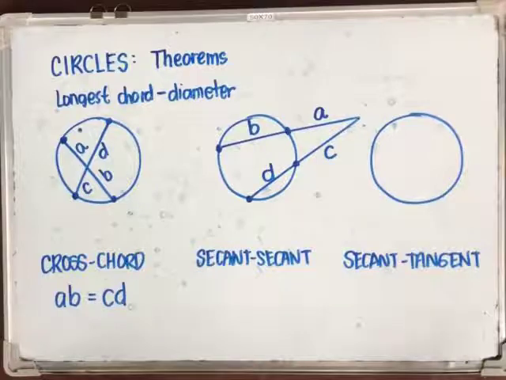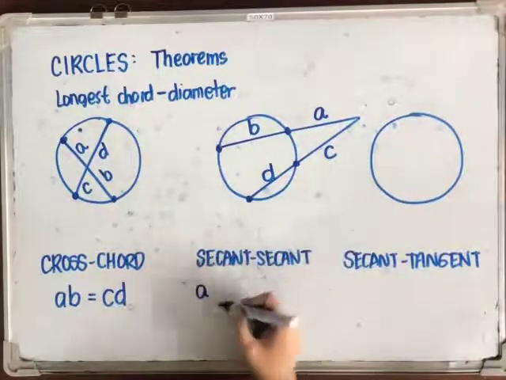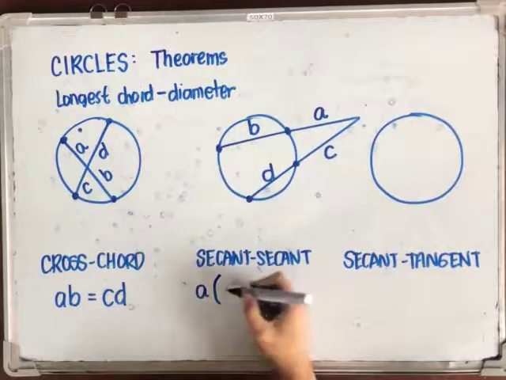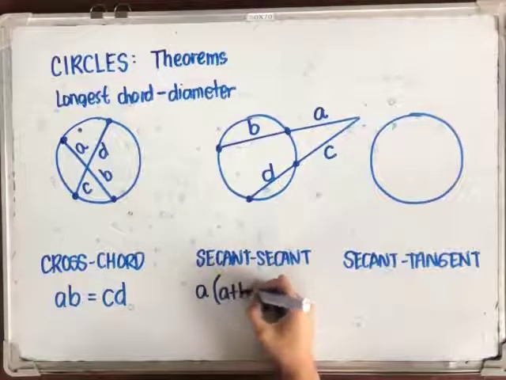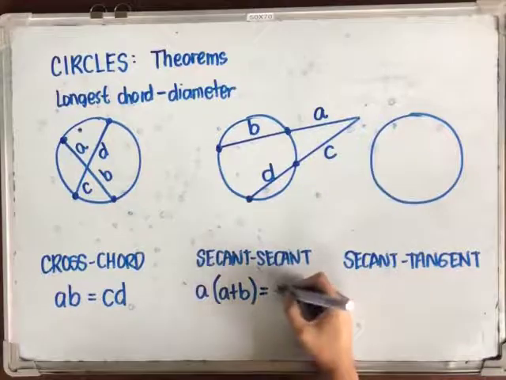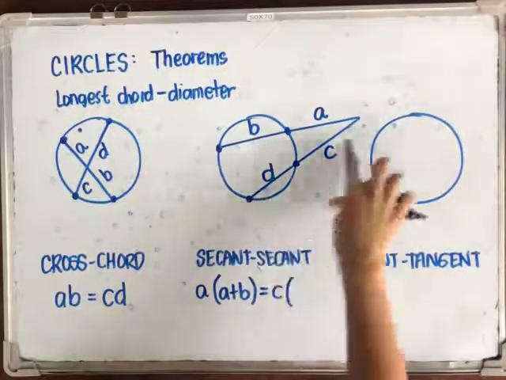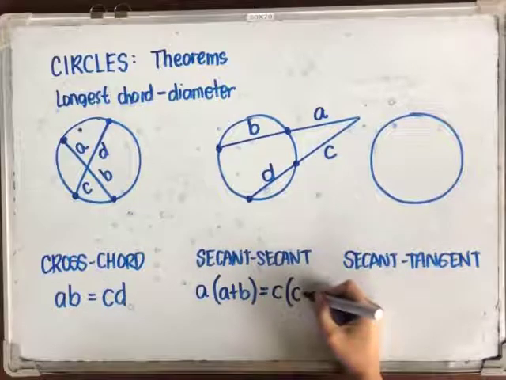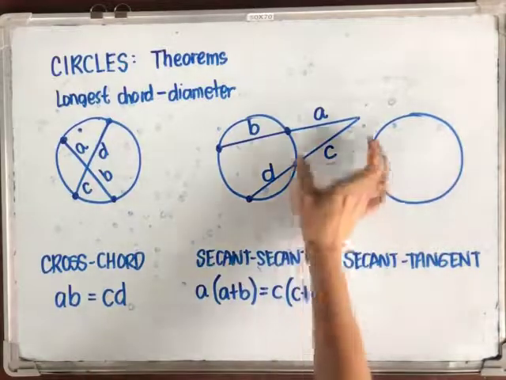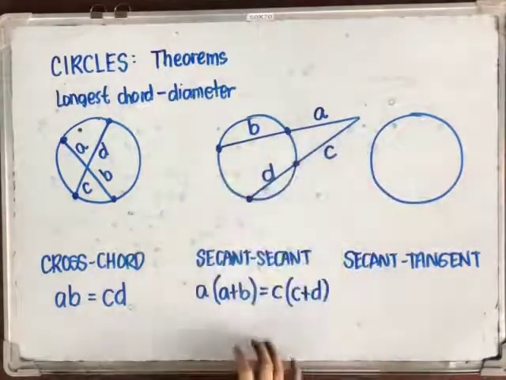Sabi niya, ang A daw, A yung nasa labas yun, i-multiply mo daw siya sa buong secant line length na yan, which is A plus B. Equal daw yan ngayon sa itong nasa labas times itong buong distance na C plus B. Nasa labas times yung buo equals nasa labas times yung buo.